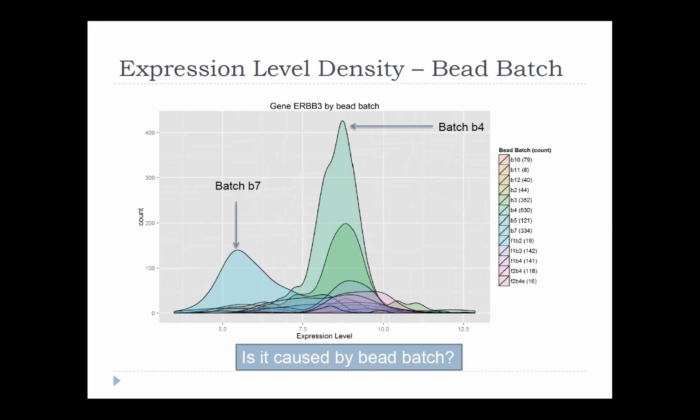And we have batch B4 is that primary peak, and some of the other batches that weren't used very much are kind of spread out a bit, but it's B7 in particular that shows up as very different.